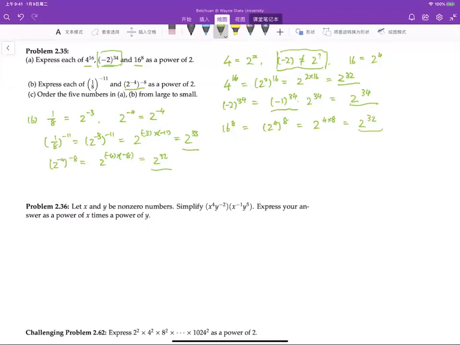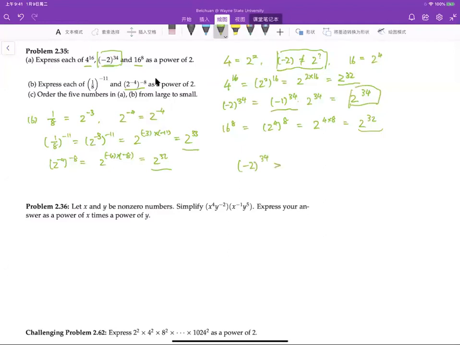So anyone? What is the largest one in this case? Yes, William. The largest one is 2 to the power of 34. Good, so this is the largest one. Basically negative 2 to the 34 is the largest one.